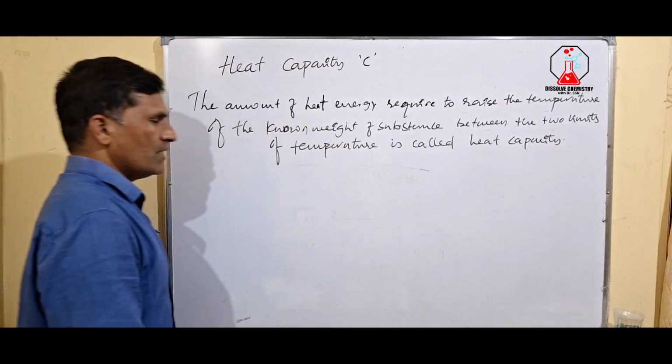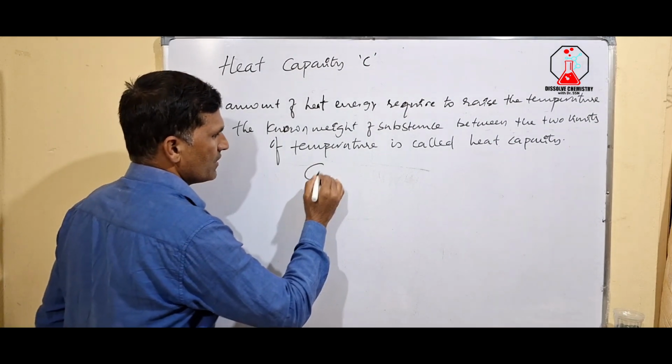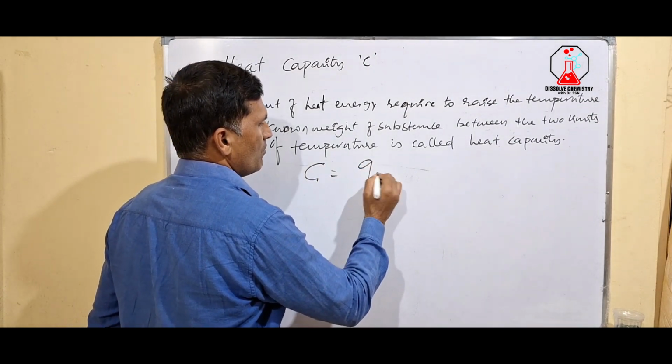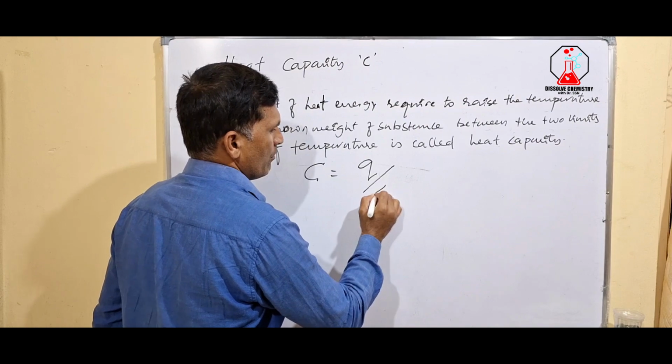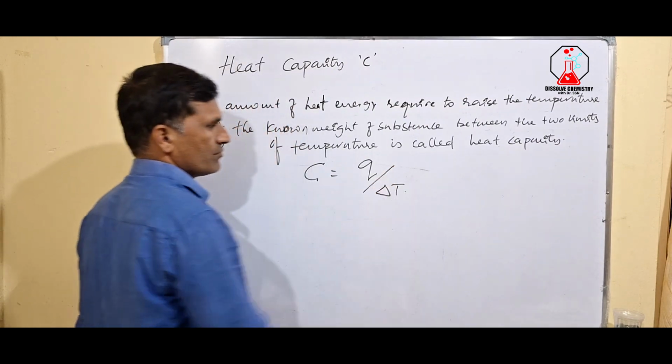So mathematically we define C is equal to the amount of heat energy by delta T.